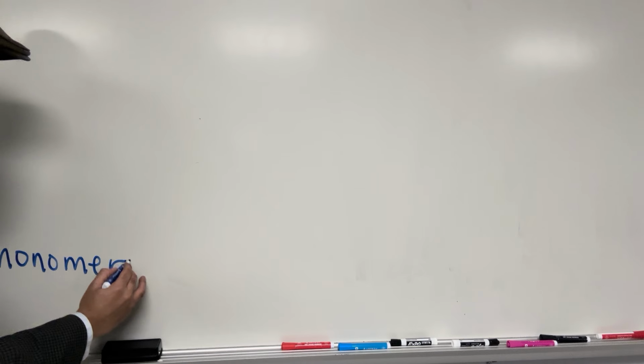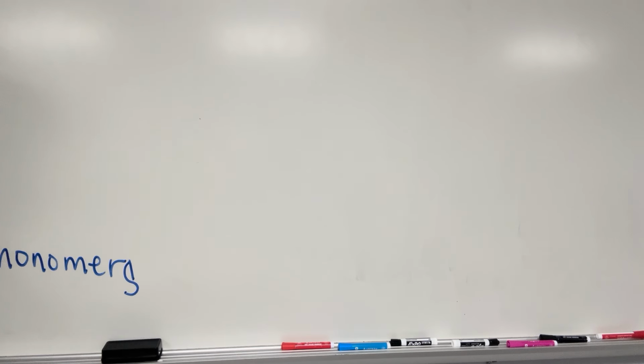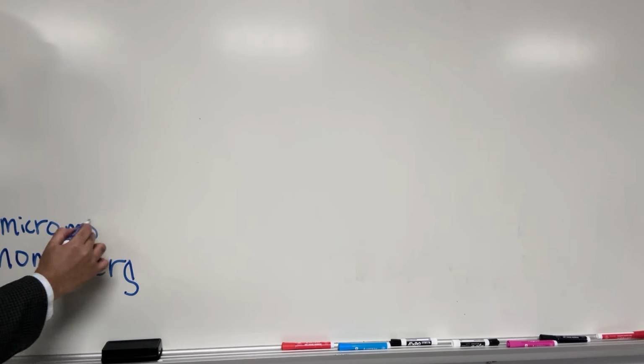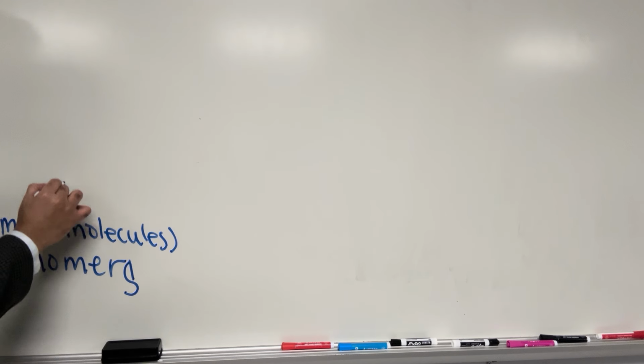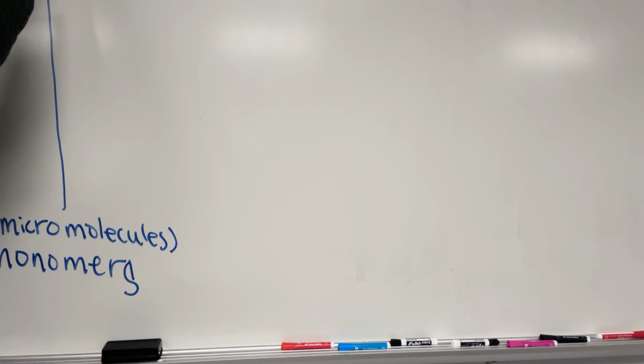monomers. These are the building blocks. Building blocks are monomers. We also refer to monomers as micromolecules, and we build them up, we attach them to each other in order to get polymers.